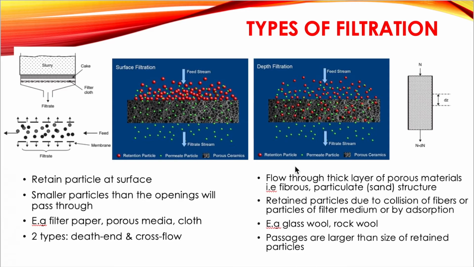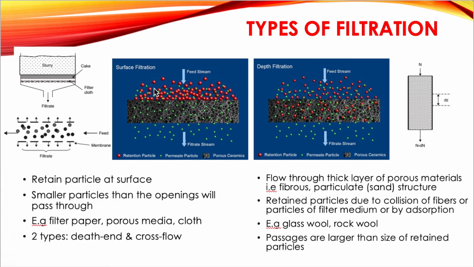In the food industry, sometimes these processes can involve suspensions that contain a significant amount of insoluble solids, or we want to do a clarification or a microfiltration. So here we can see two types of filtration. The first one is surface filtration on the left, and the second one is depth filtration.